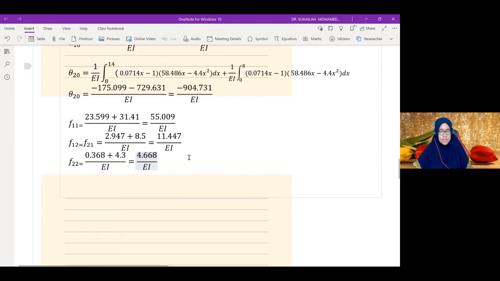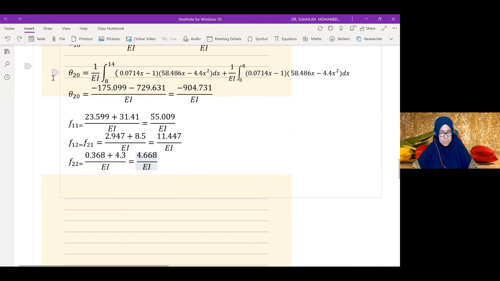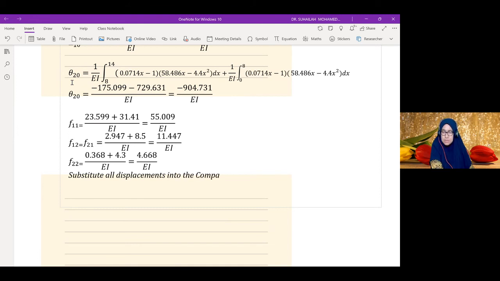So now we want to substitute all displacement into the compatibility equation.